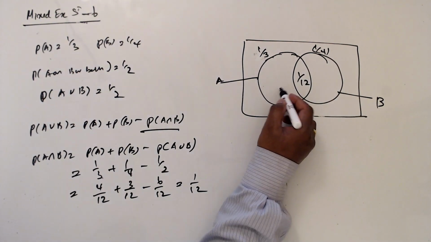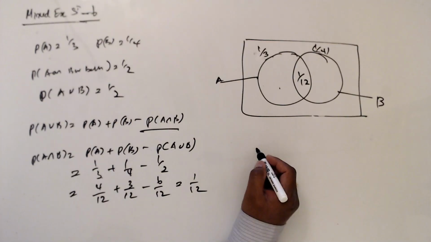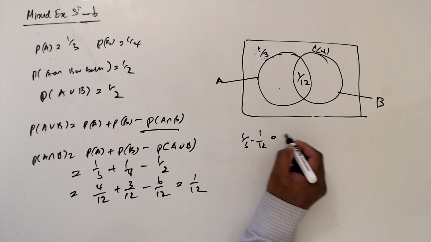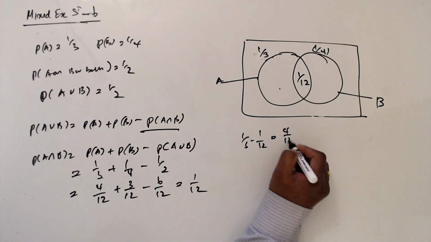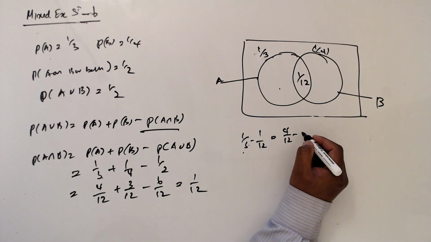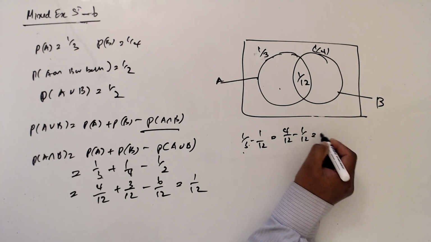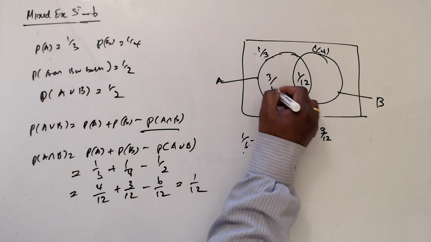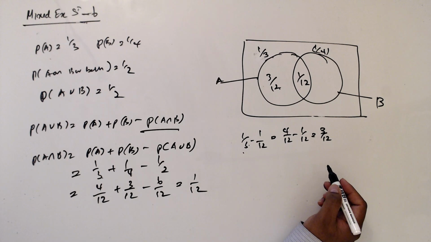Then this is going to be 1/3 minus 1 out of 12, which is 4/12 minus 1 out of 12. So this is going to be 3 out of 12, 1 out of 4 in another way.